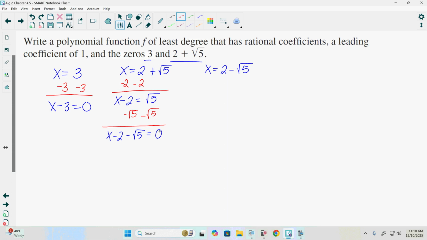So that's our second factor. And we're going to have to do it one more time with this one here. So we'll minus 2 first. This time we're going to add the square root of 5 because the square root of 5 on this one was negative and not positive.